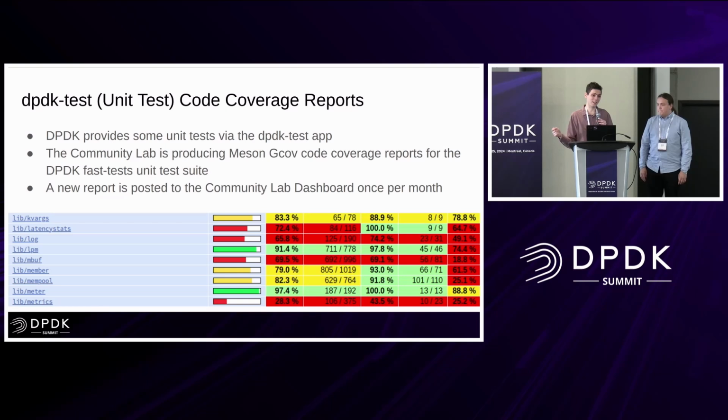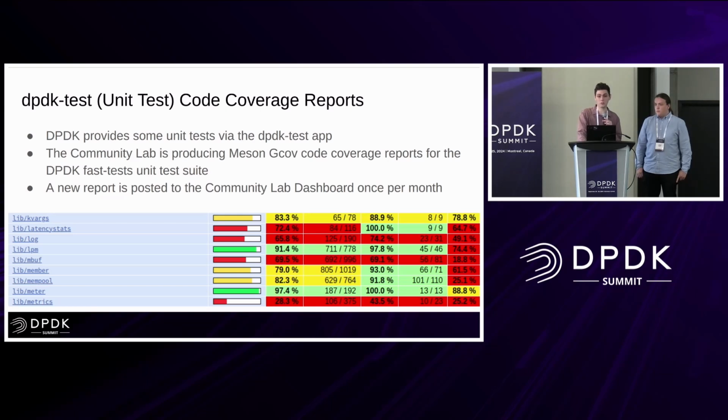The point was raised at the previous DPDK Summit last year that it's all well and good if you submit a patch and it's passing all of the unit tests, but how comprehensive are the unit tests? So this is one way that we can start to get visibility of that, to see what the code coverage is, how many lines of the various files are being touched by the unit testing.